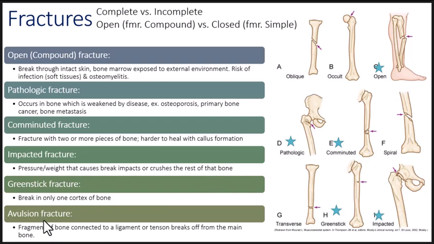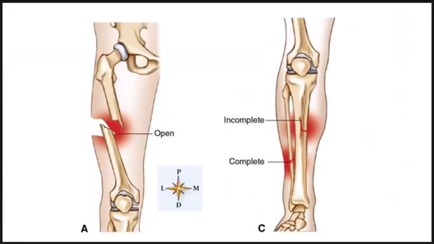An avulsion fracture. Avulsion fractures involve a fragment of bone that is connected to a ligament or a tendon, breaks off from the main bone. So I want you to picture it like this. Let me go to this image here.